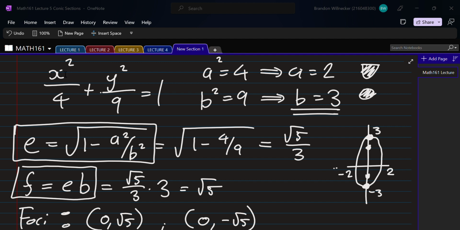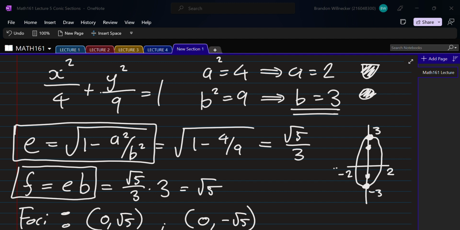Okay, so we've got Desmos over here. You can click on the left side here to type in the equation. So let's put the equation of our ellipse: x squared over 4 plus y squared over 9 is equal to 1. Let's zoom in here so we can see what we've got.